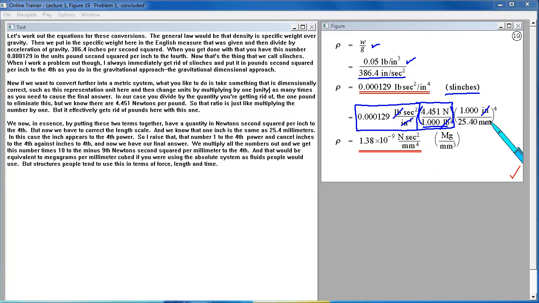We multiply all the numbers out and we get this number times 10 to the minus 9 newton seconds squared per millimeter to the fourth. That would be equivalent to megagrams per cubic millimeter if you were using the absolute system as fluids people would use. But structures people tend to use this in terms of force, length, and time.